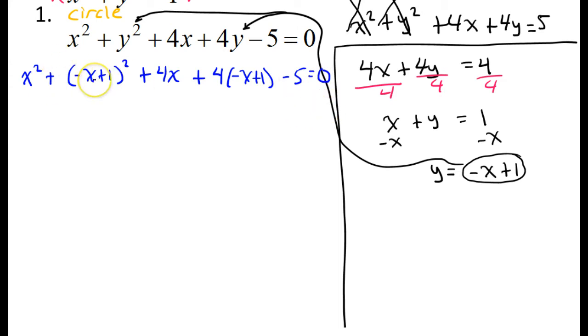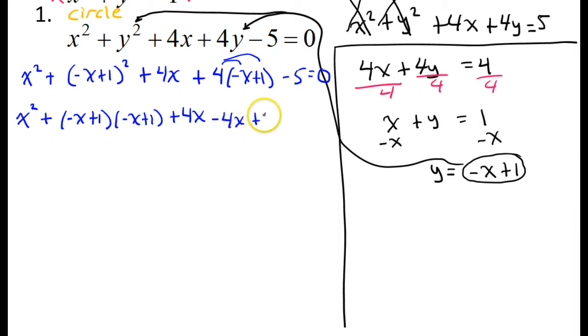So I need to multiply this by itself. So I'm going to have x squared plus negative x plus 1 times negative x plus 1 plus 4x, and I'll just do a distributive property here, so that's going to be minus 4x plus 4, and then minus 5 is equal to 0.